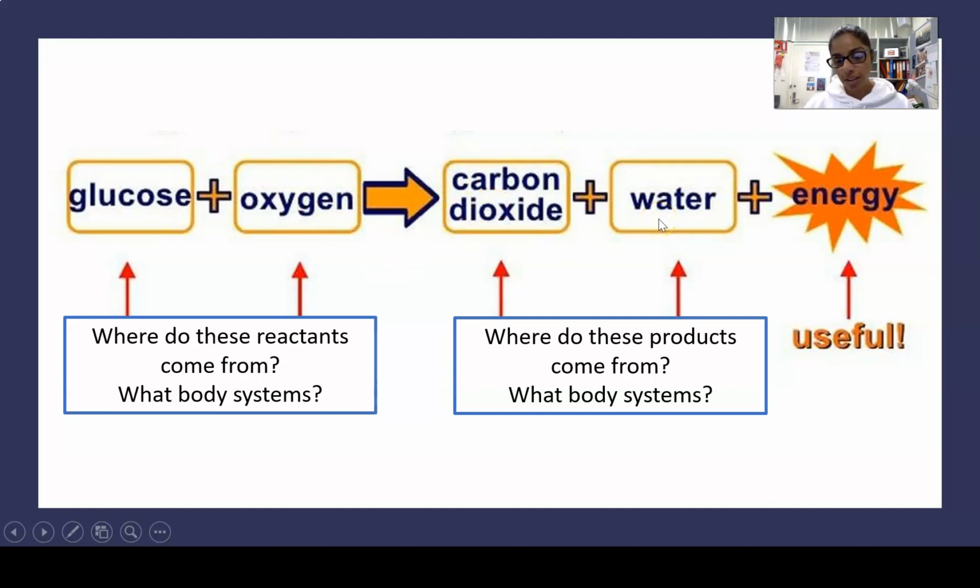Water is also breathed out as water vapor. So on a really cold morning, you might see water vapor condensing as you breathe out in your breath. Water can also be excreted through sweating and through our urinary system, which of course leads to urine from excretion from our bladders and our kidneys.